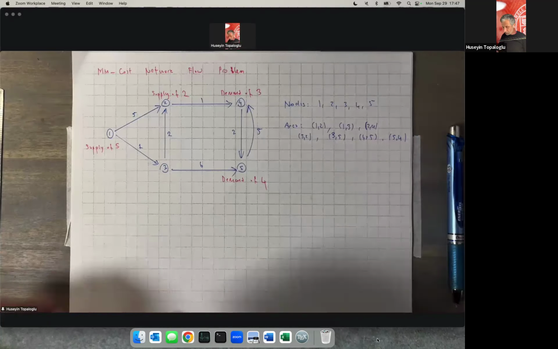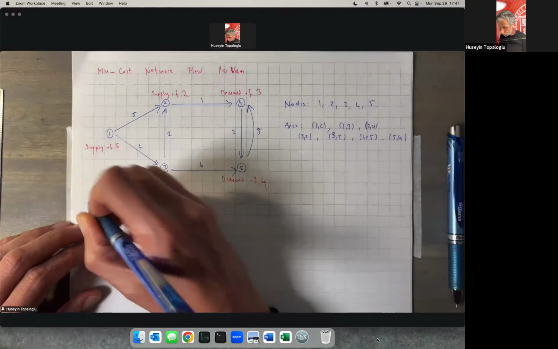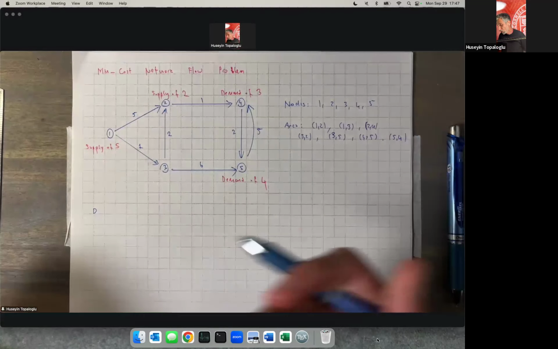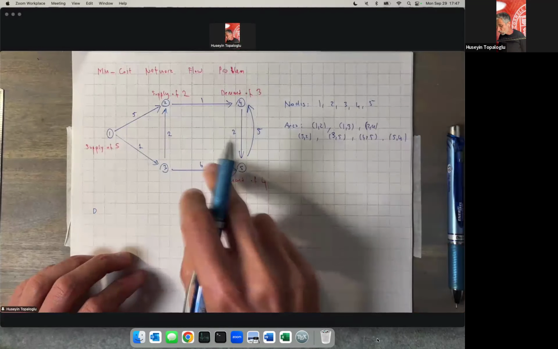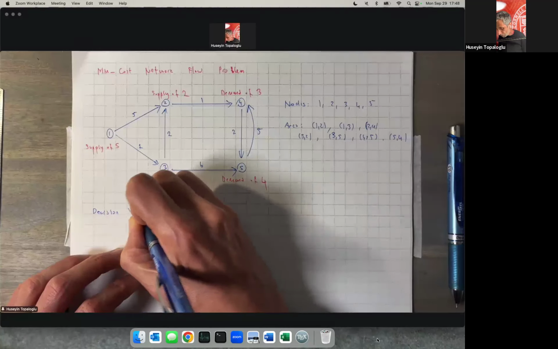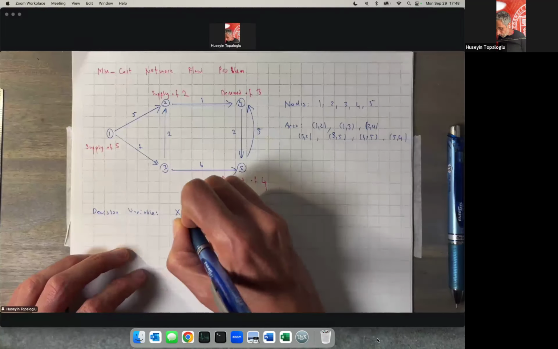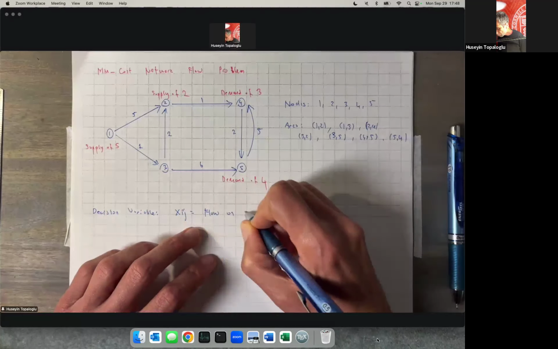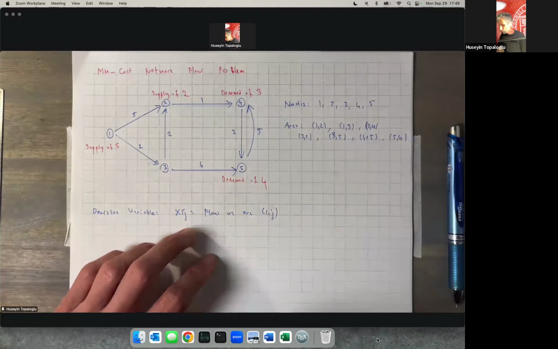So the main decision variable that we're going to use for this problem is going to be the amount of material, number of tons of apples, that is shipped on each arc. So our decision variable is going to be, let's say, xij, and that is going to be the flow on arc ij.